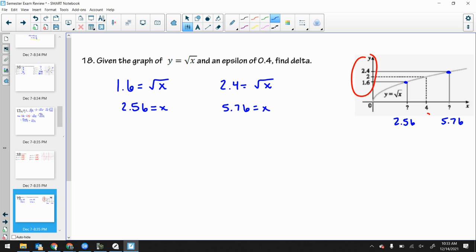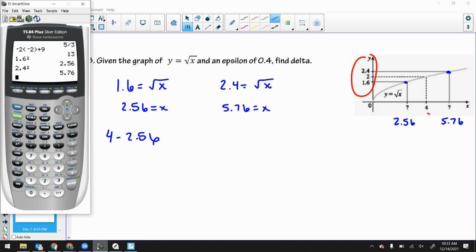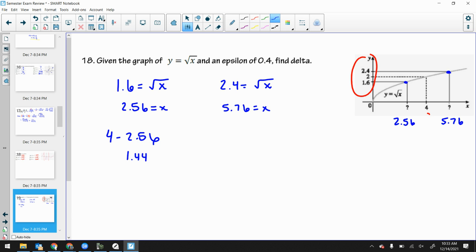See the difference: 4 minus 2.56 is 1.44. The difference here, 5.76 minus 4, is 1.76. So I'm going to choose the closer value. So what is my delta? 1.44 is my delta.